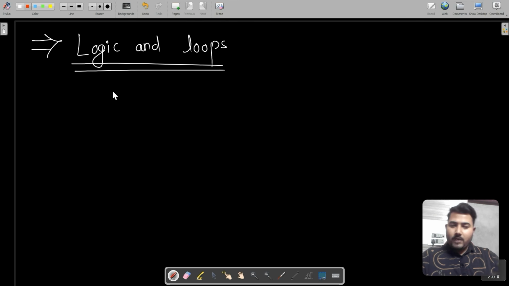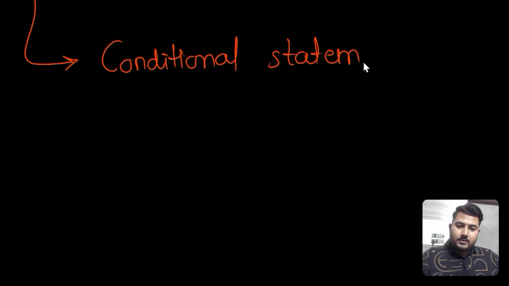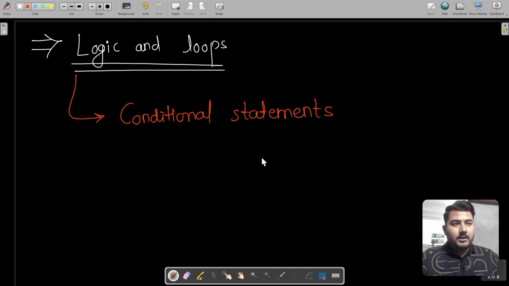Well, it also has a couple of subparts. What we will do is get started with conditional statements. What are conditional statements? Conditional statements are simply those statements which put a condition on executing a statement. The name itself seems self-explanatory, but still I'm repeating it one more time.